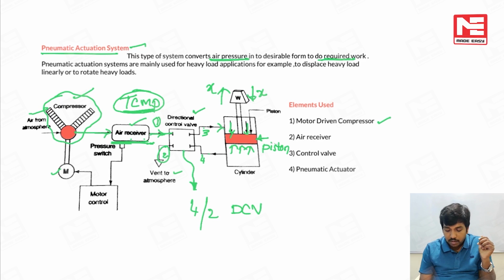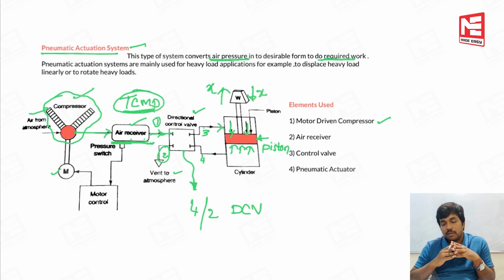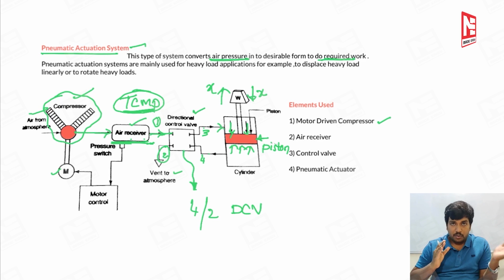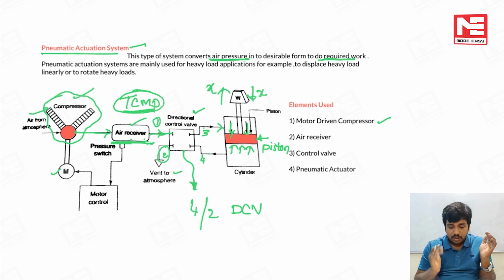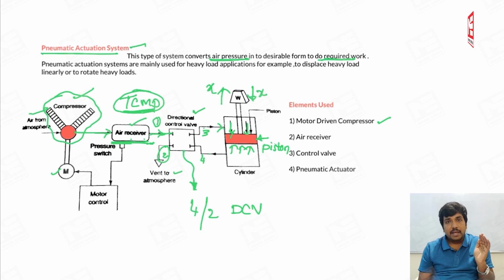Now the air receiver. I told you clearly that it is a regulator kind of mechanism. The first thing, it will keep an eye on the pressure coming from the compressor. Second thing, it will also keep an eye on the temperature, whether the air is at the desired temperature or not. Right? Because you all might know that air easily changes its temperature.